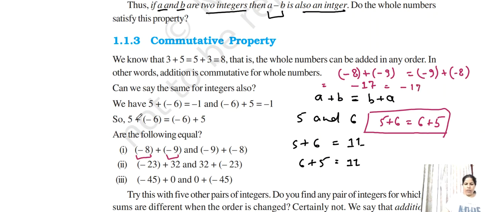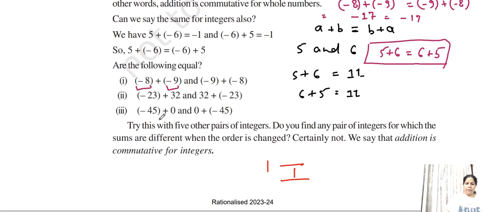Okay, so another one: minus 45. This is an integer, and if we add it with another number 0, we are getting minus 45 total. And if we do 0 plus minus 45, again we will get minus 45.